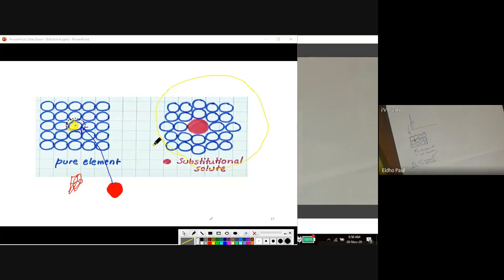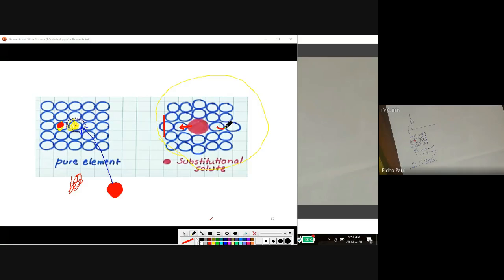So what happens when impurity atoms or substitutional solute occupy this position? There will be some atomic distortion. If we consider this atom initially at the normal position, it moves by some amount here. You can see an extra edge here. That means this layer of atoms moves towards the left to accommodate this larger solute atom.